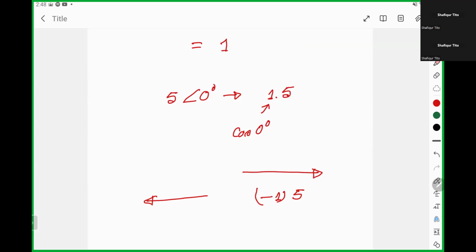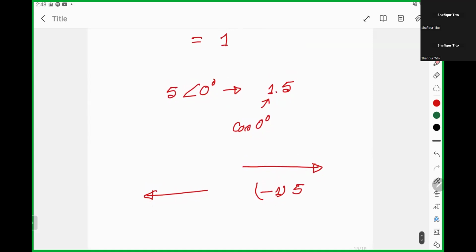So what is the value? How can I represent this minus 1? Is there any mathematical way I can represent it other than the cos? I don't want to include cos. I want to represent this negative value other than with cos. Well, how can I do that?